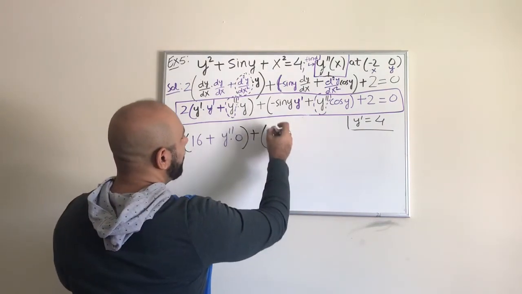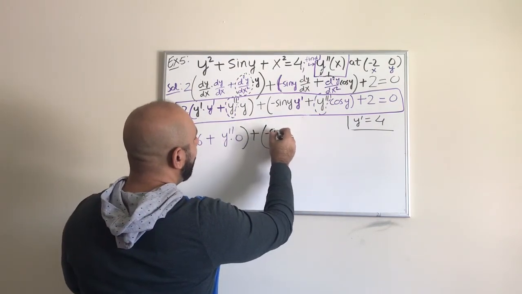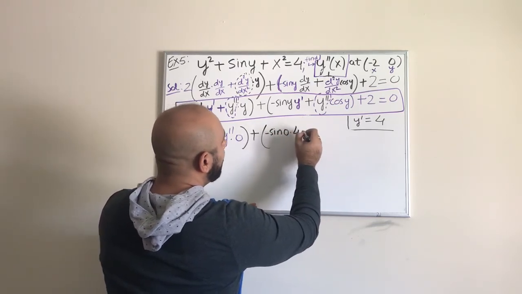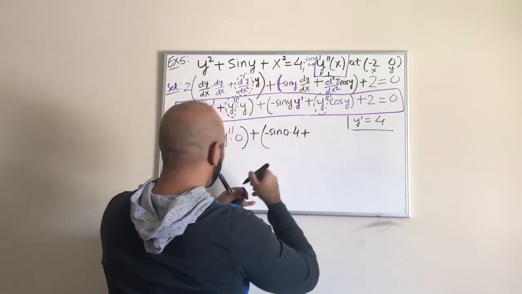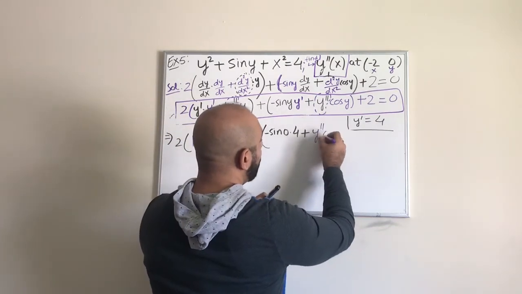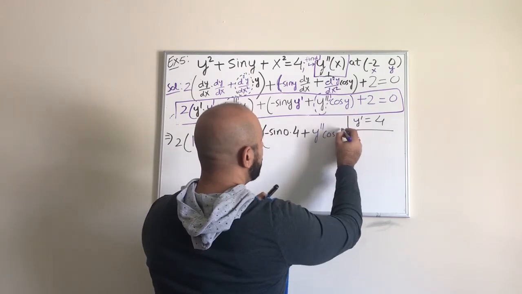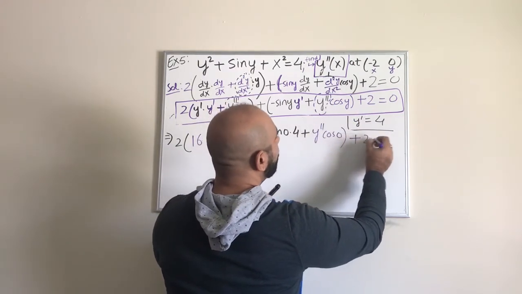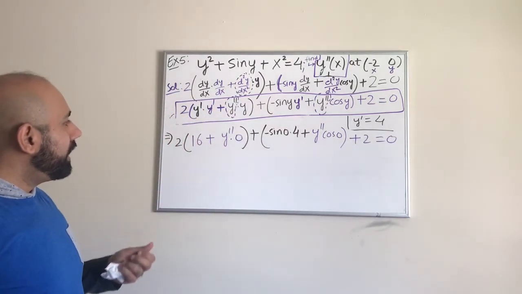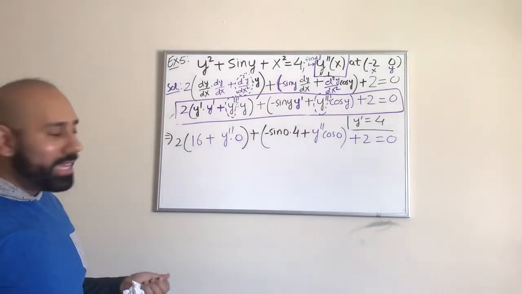Plus, let us look at this term. It's negative sine of y, sine of 0, times y prime, which is 4. I'm just writing that step. Then again, y double prime, and then times cosine of y, which is cosine of 0, close the parentheses, plus 2 equal to 0. So it seems that some of the terms are just going to go away.